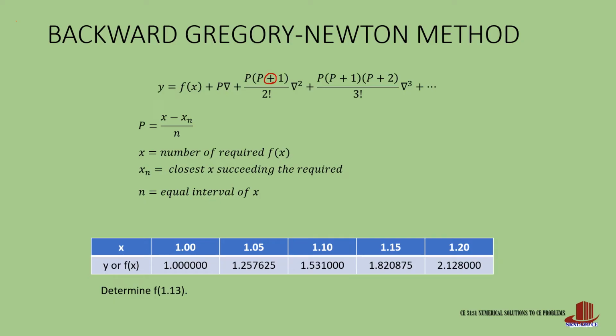P would then be taken instead of x naught as the last value of x, or it would be the closest x succeeding the required. N and x would still be the same. In our same data, we are going to determine f of 1.13, and in this case, you would find 1.13 would be after our mid value.